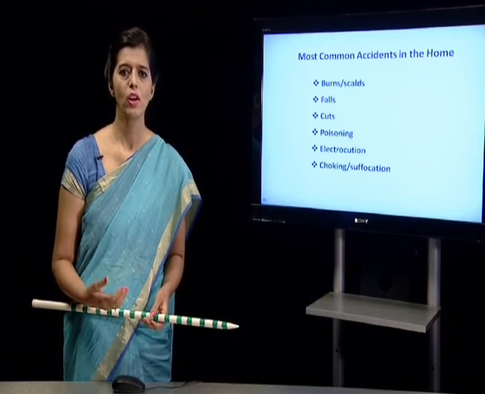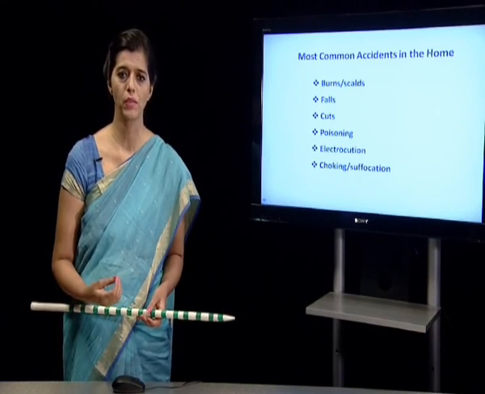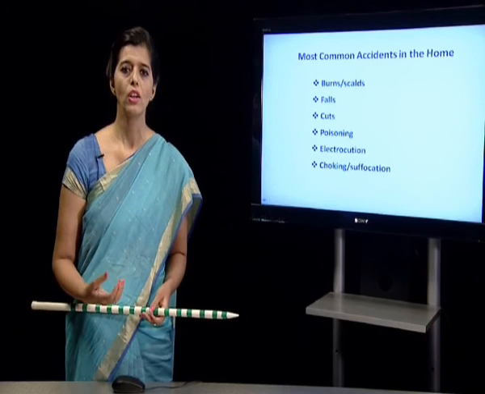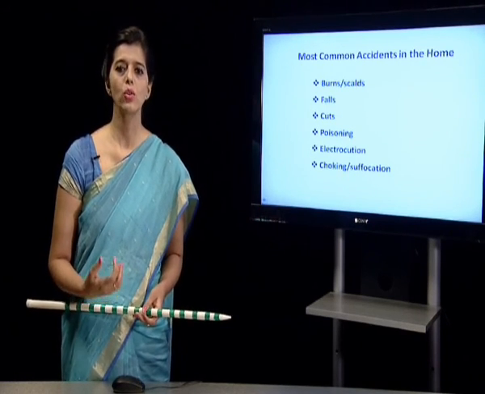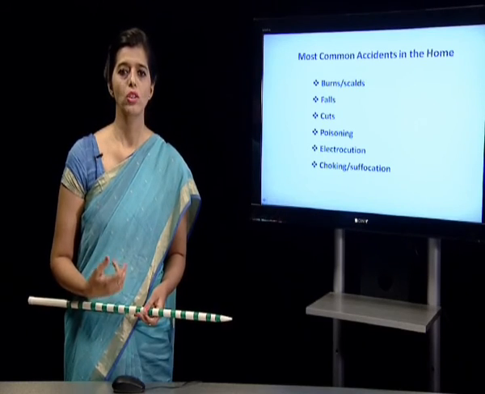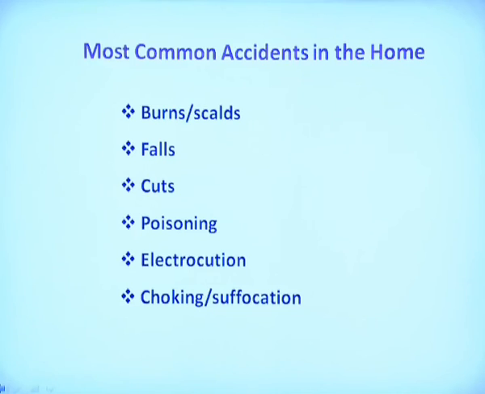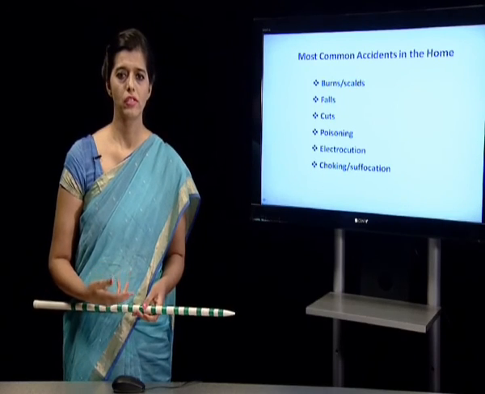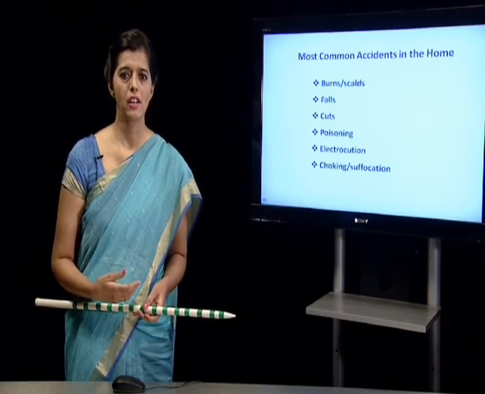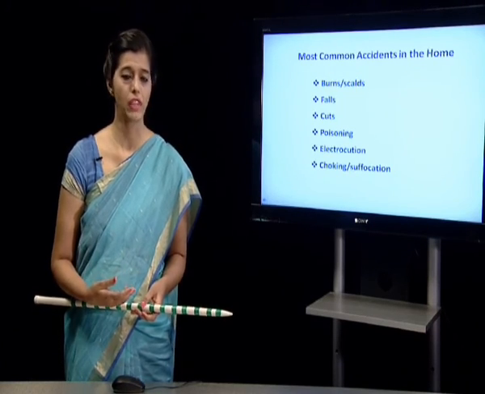In the family there are youngsters, toddlers, and elderly people. So it is very important to have a secure home so that nobody gets injured by falling. Then going on to cuts, while working in the kitchen or stitching with scissors, we might get cuts and they might start bleeding. So we really need to take care of that.